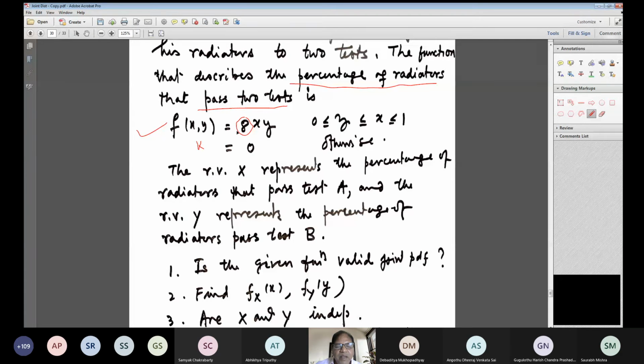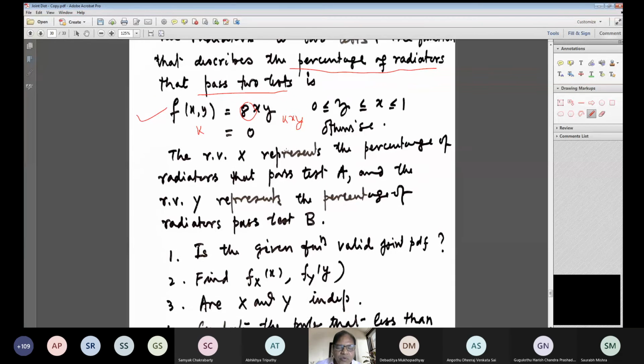In place of 8, if I put k, it is basically kxy. So find the value of k.